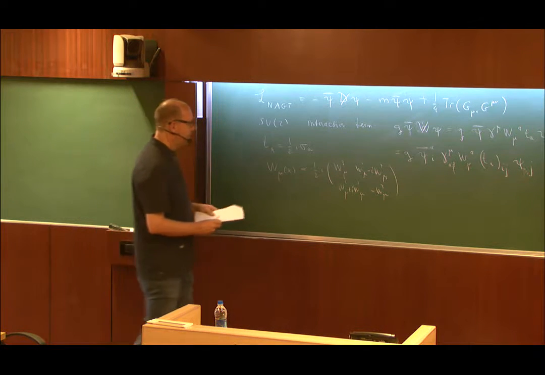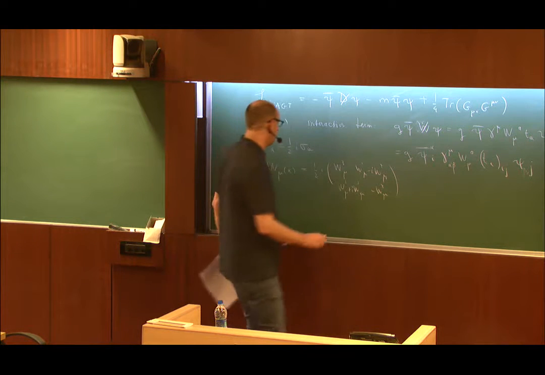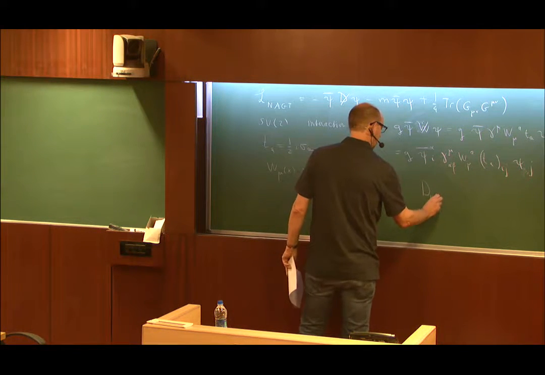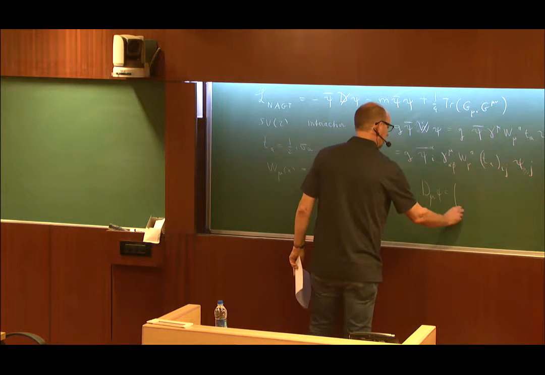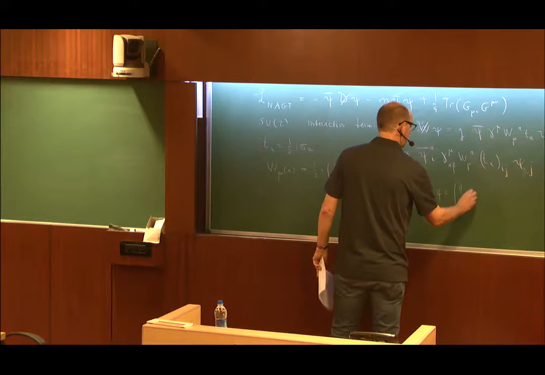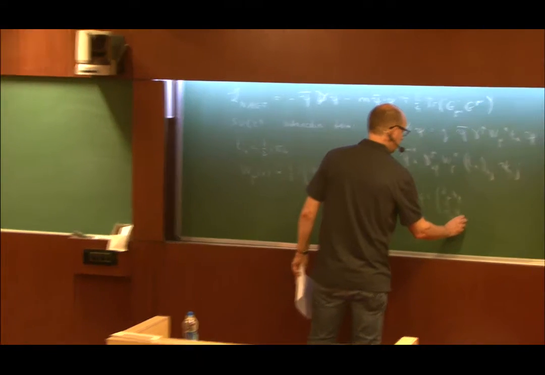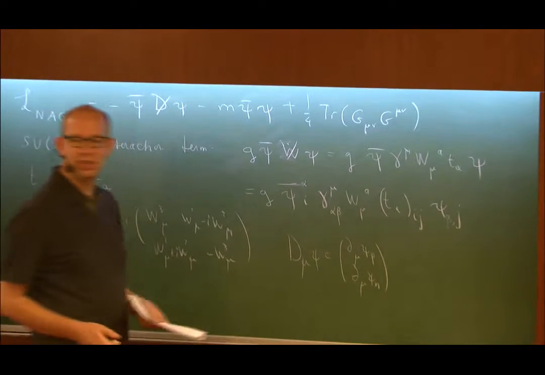So that's for the gauge field. The covariant derivative then looks like D_mu on psi will be d_mu. Let's call the 2 components, in honor of Yang and Mills, psi_n and psi_p, just as a label.